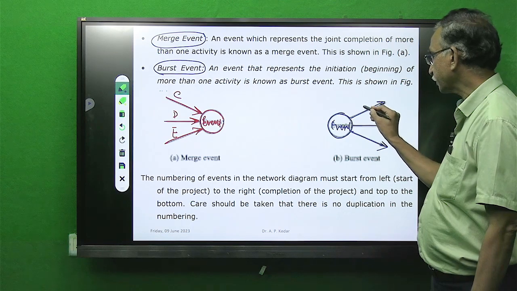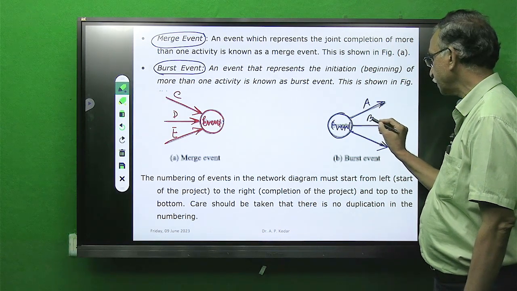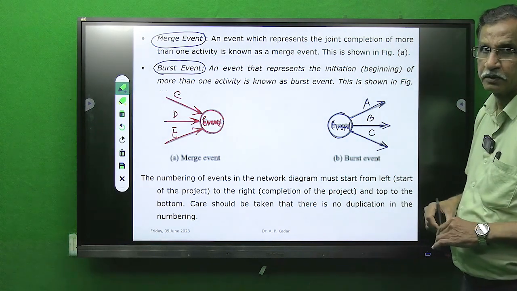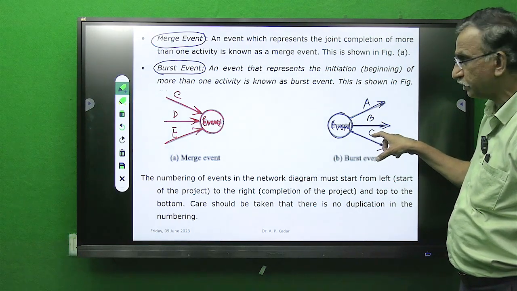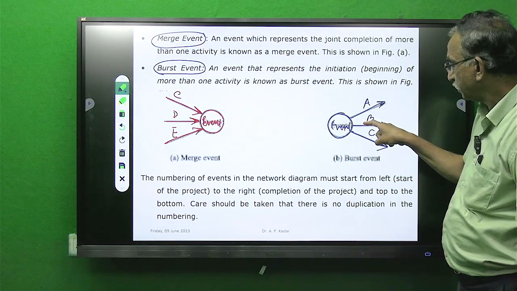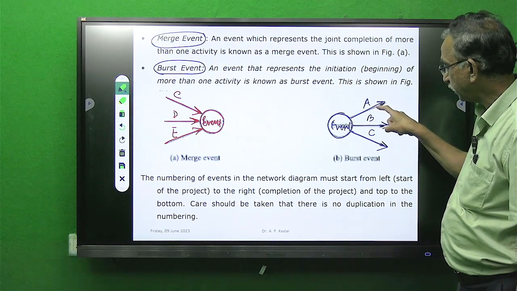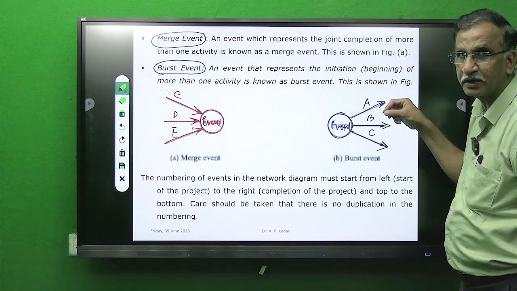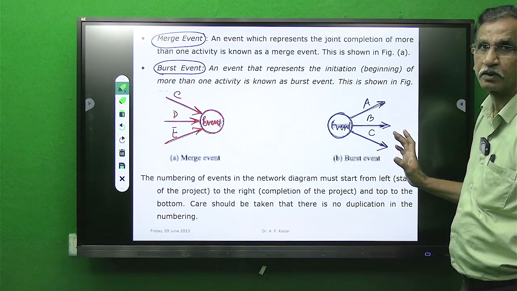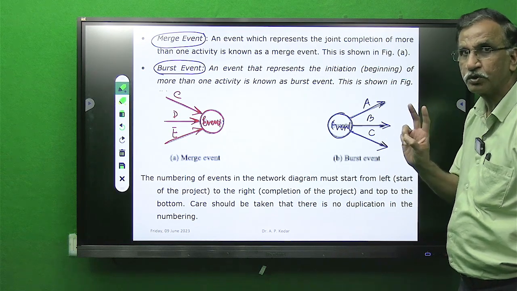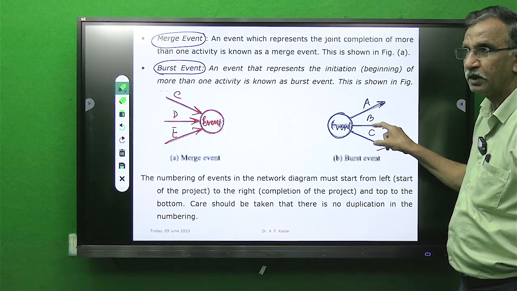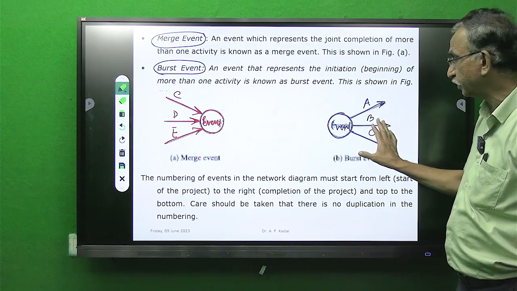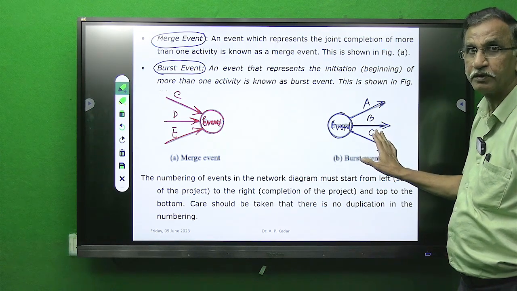Let it be, suppose A, B, C. The meaning of this is that activities A, B, C can start at the same time. You have the choice of starting activities A, B and C at the same time. That is the meaning of this particular burst event.